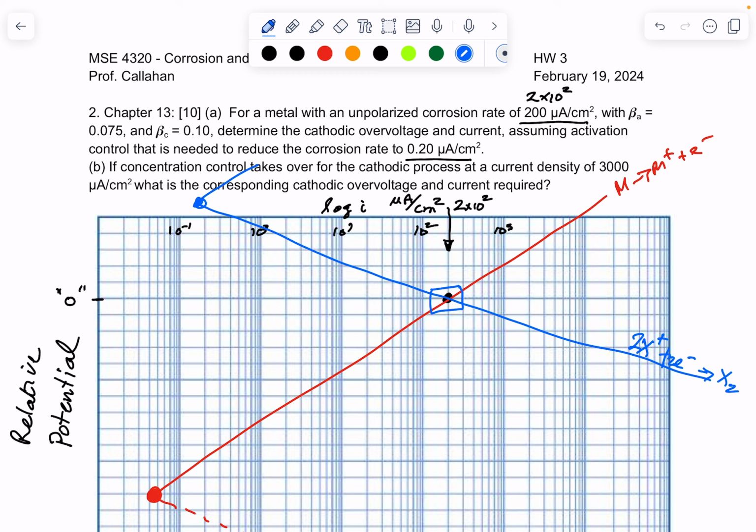And so what we need to do as our next step is draw these two lines with the correct slopes using this 0.0, this point that I've put within a box as sort of the origin. So I'm going to erase all these lines, and then I'm going to work more carefully on the slope of the red line and the slope of the blue line in order to solve the rest of the problem.